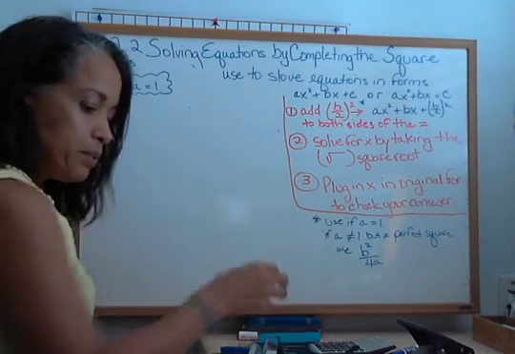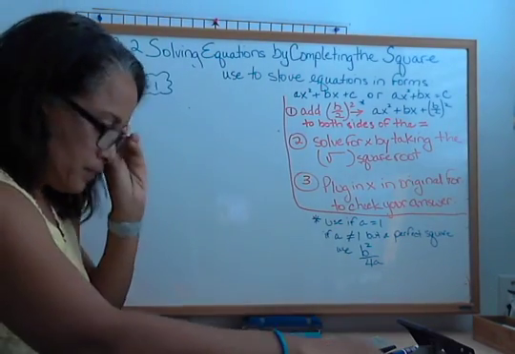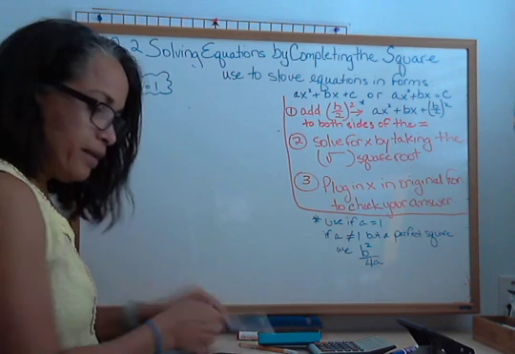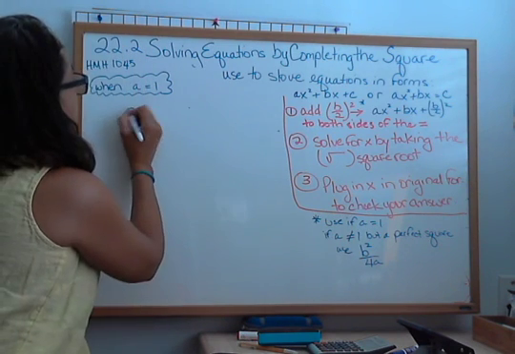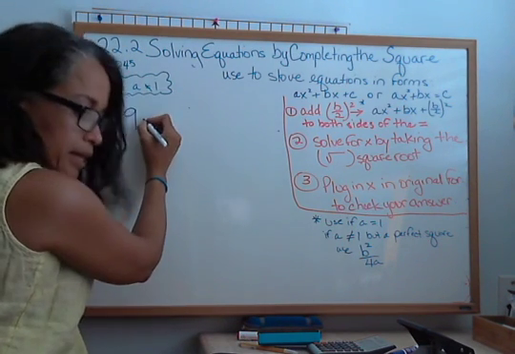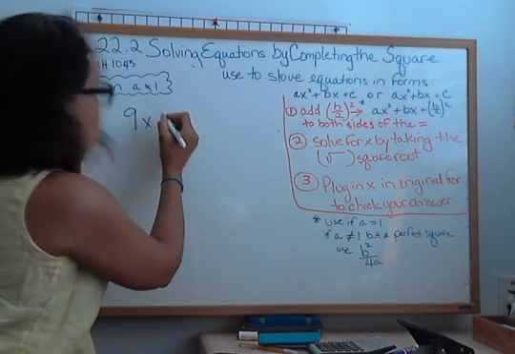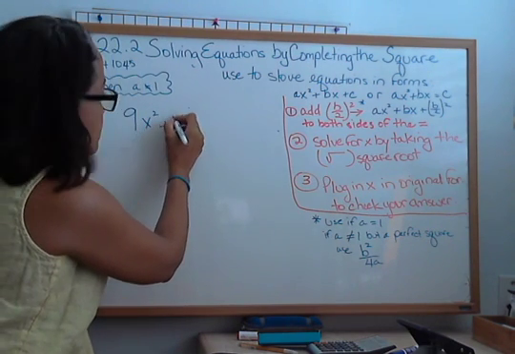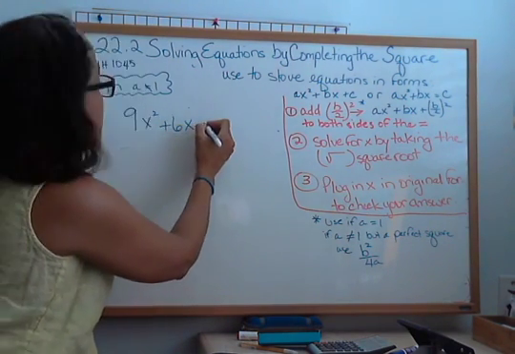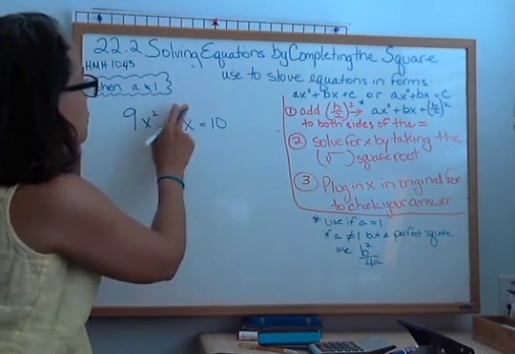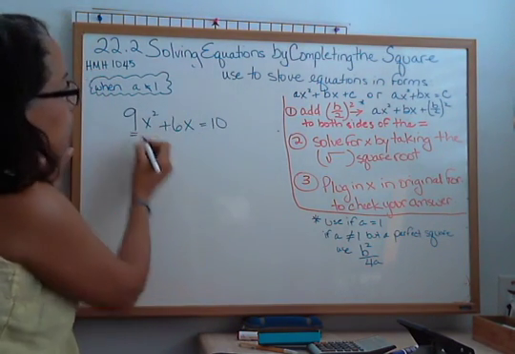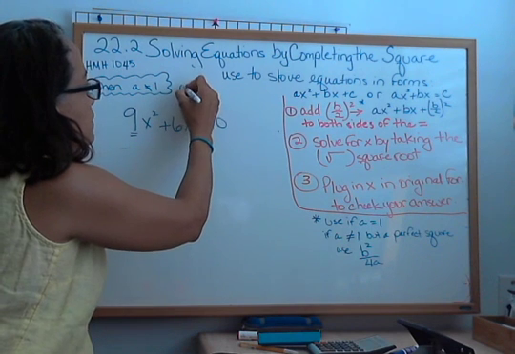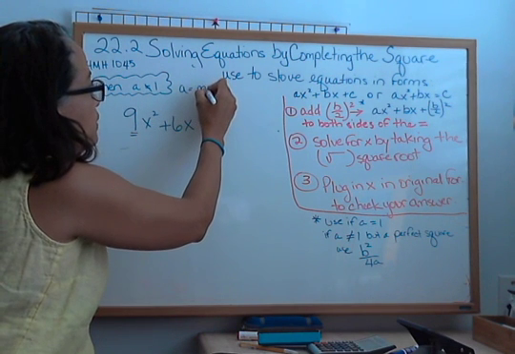For example, what if we had 9x squared plus 6x equals 10. So here, a is not 1, but it is a perfect square.